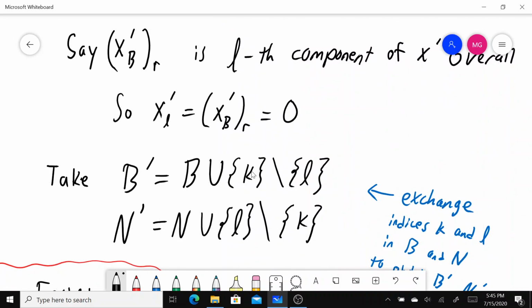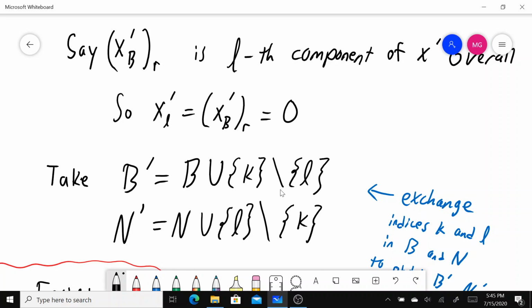So it was in the basis, and K was not in the basis. Initially, K was always assumed to be not in the basis. So all we're doing is exchanging K and L. L used to be in the basis, and K used to not be in the basis. Now we exchange those two indices, and correspondingly, for the new non-basic indices n prime, you're just exchanging, but in the opposite direction. So now L is part of the non-basic indices, and K is not.